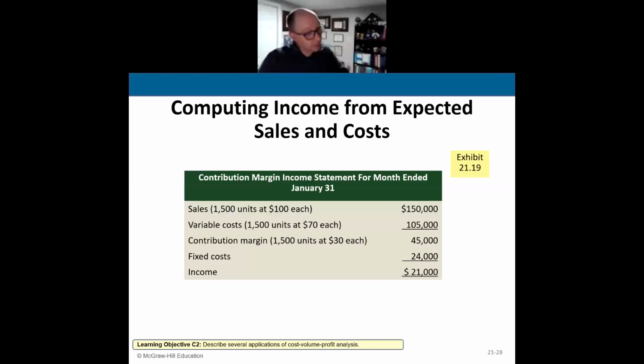If I go beyond break even, I sell more than break even, then I know how much income I expect to make. Pretty straightforward. Sales minus variable costs equals contribution margin minus fixed costs equals net income. Once you know what your break-even point is, as long as you sell above break-even, whatever that difference is going to be your net income. Pretty straightforward.